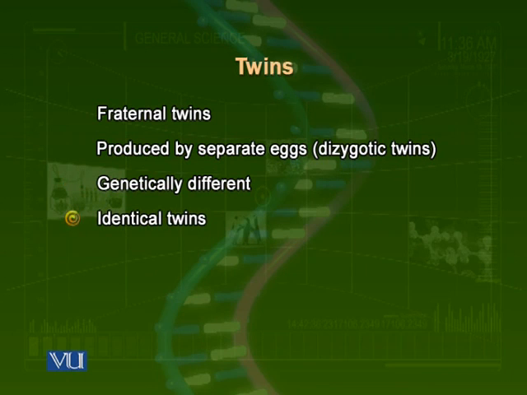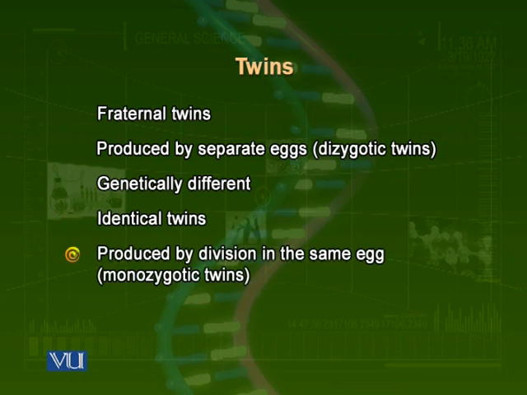But identical twins are produced by the division of the same egg. What happened is that an egg is produced with the haploid number, but it somehow divides by mitosis into 2. And when the egg is fertilized, after its fertilization, it divides into 2, which means that the zygote is divided into 2. We also call them monozygotic twins.